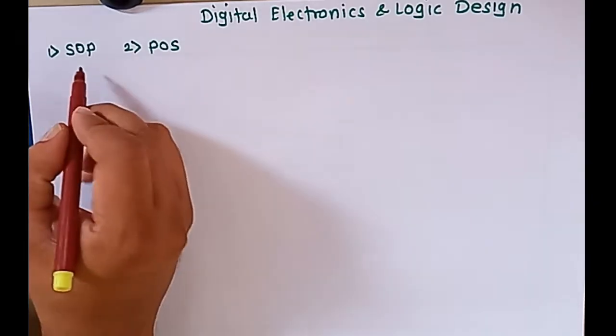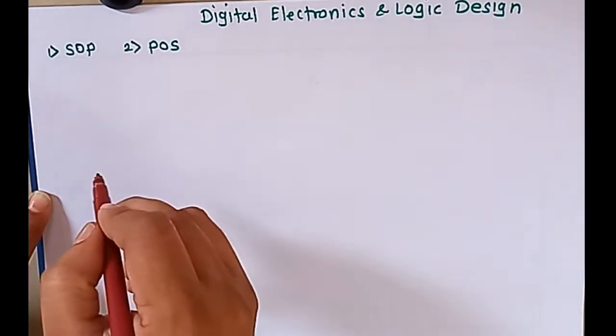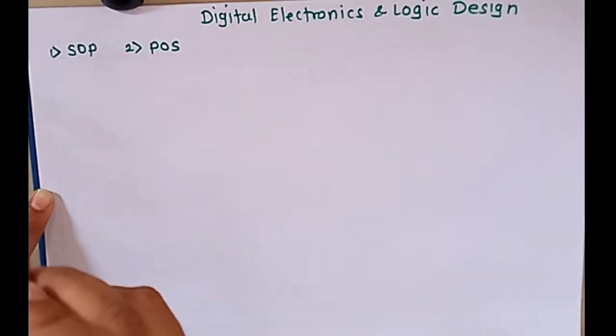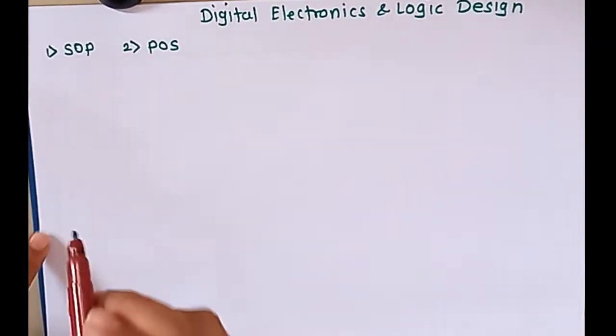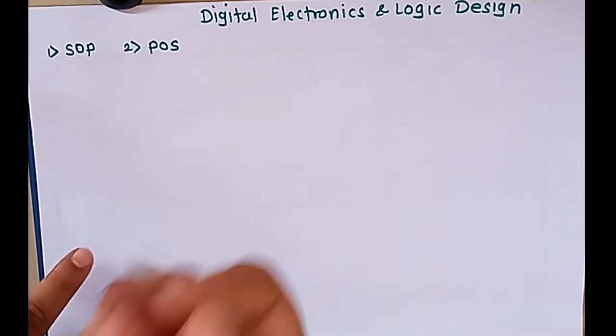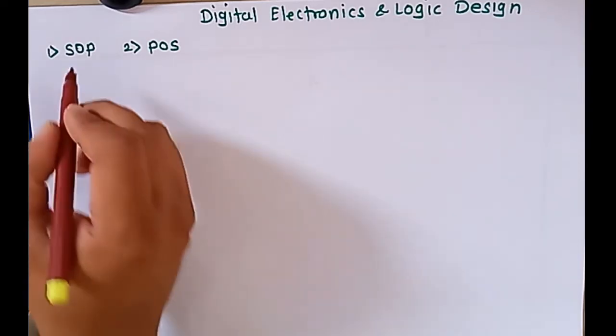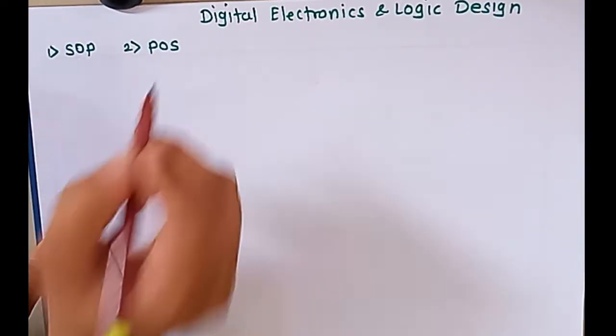To make an SOP equation a standard SOP, each product term must consist of all the literals, or all the input variables, in complemented or uncomplemented form. Then that equation is said to be standard SOP.